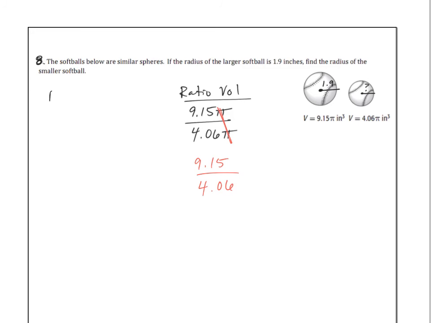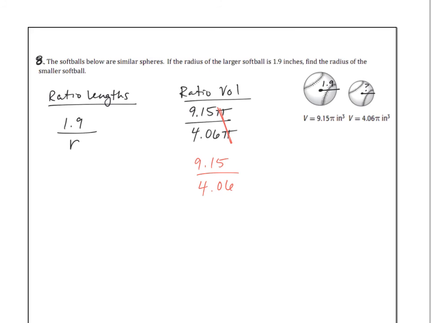Now I want you to think about the ratio of the lengths. Okay, ratio of the lengths, we know the big radius. It's 1.9. We do not know the small radius, so let's just call that r. That's what we're going to try to solve for. Now these are sort of proportional, but we have to take into consideration how they compare to each other.